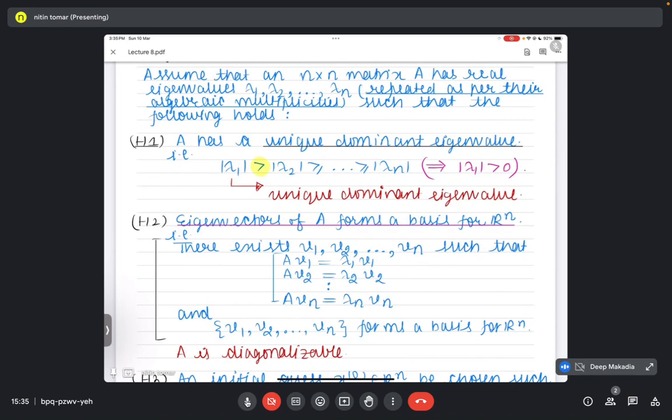So this is hypothesis 1, let us call it H1. A has a unique dominant eigenvalue.